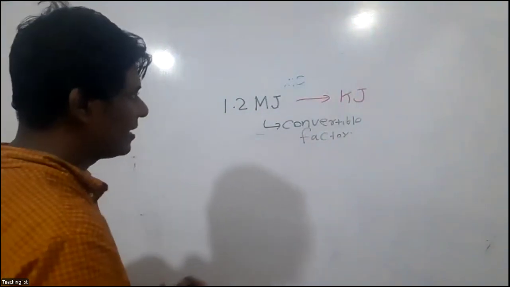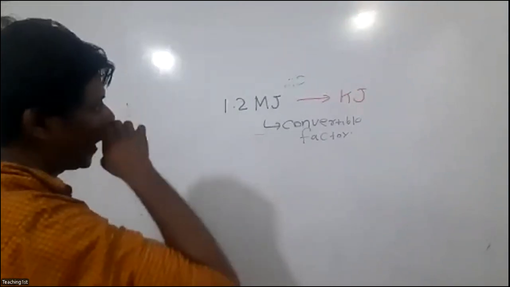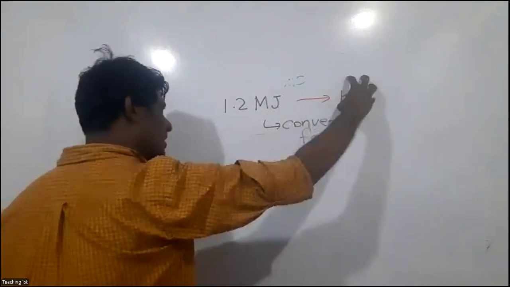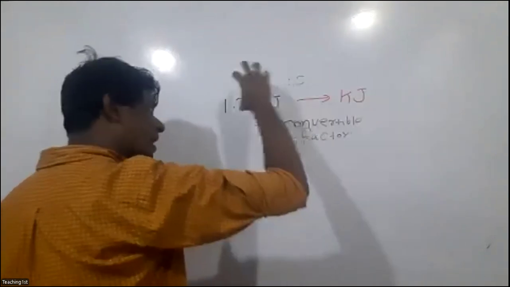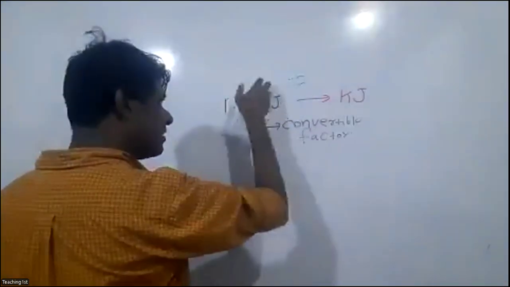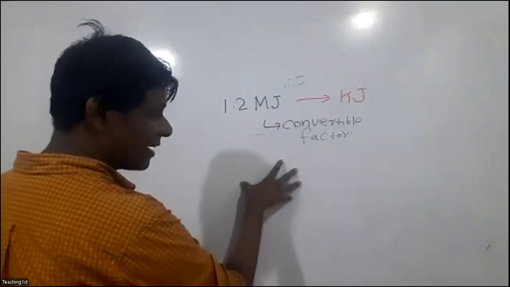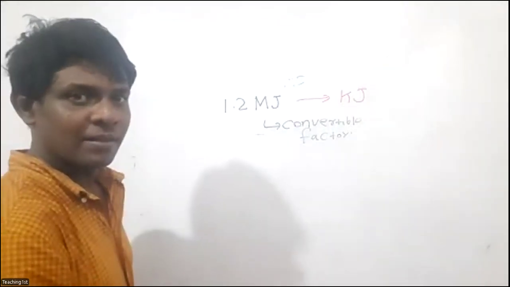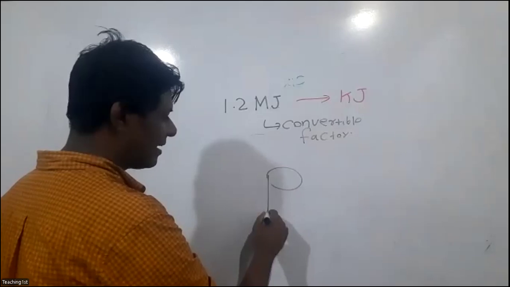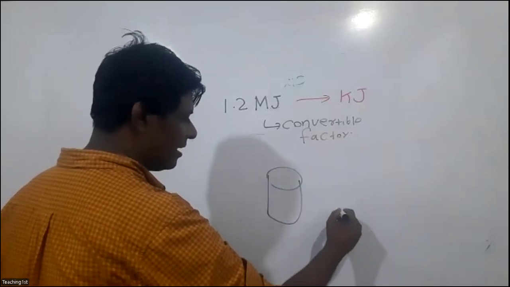To do that, you are going to convert it to kilojoules. You want to check how many kilojoules are in here. It is like how many little bottles are in the big bottle. Okay. There is a big can and a very small bottle.